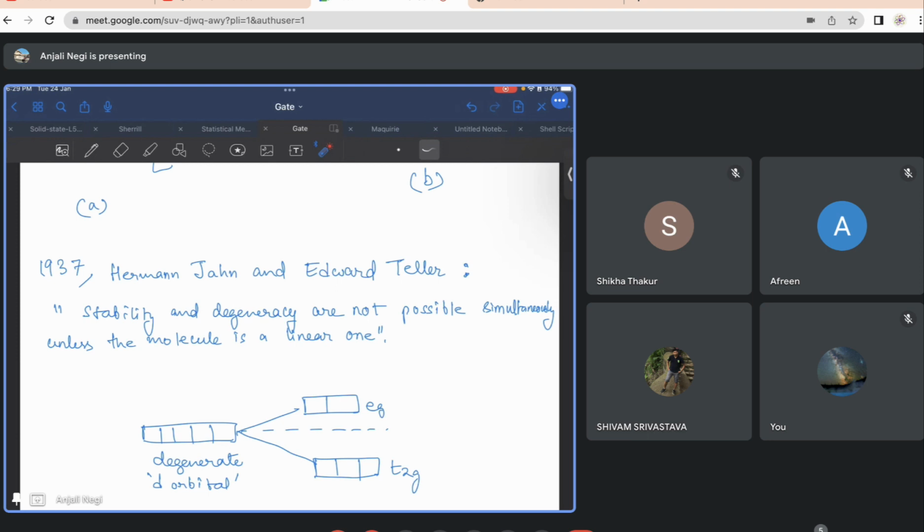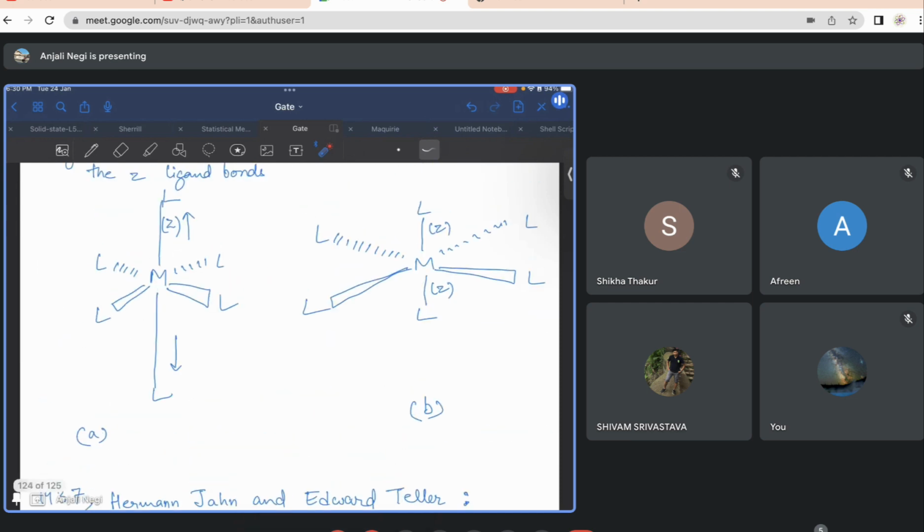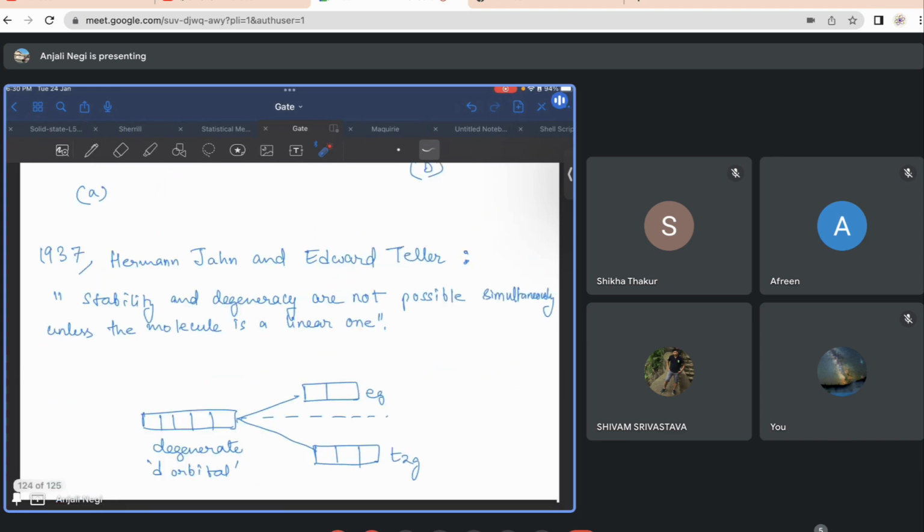So it's only like this, that in the octahedral complex, either the elongation or the compression of the z ligand bond is observed, and that is what we have shown in figures A and B. Okay, so let's just go through the case of elongation.